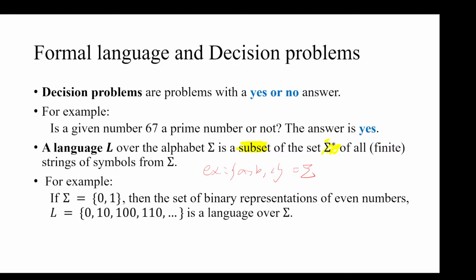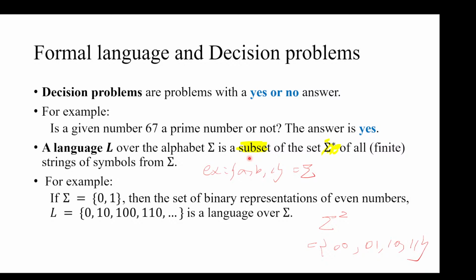Say sigma equals 0, 1, then sigma squared equals this squared, and this will be any string of length 2. So it will be 0 0, 0 1, 1 0, and 1 1. But we have this weird star notation, which means a union of all those sets of strings of any length.